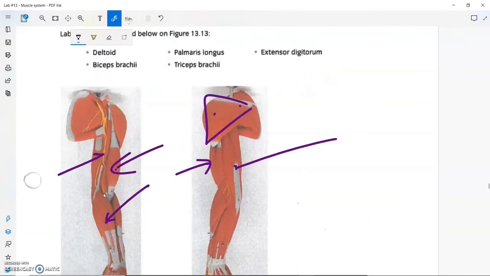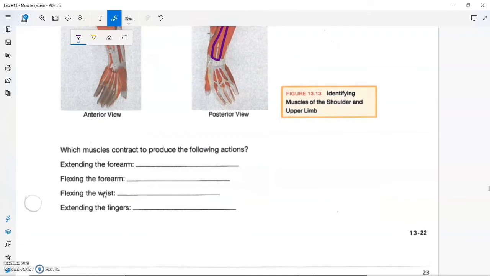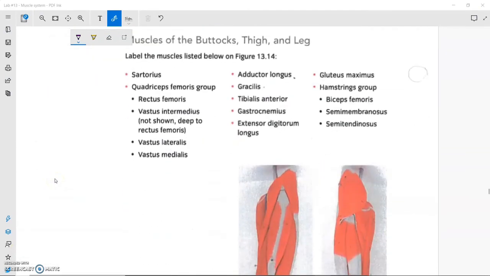And we have extensor digitorum. That's this muscle. Extends your digits. So extending the forearm, it's a triceps; flexing the forearm, biceps; flexing the wrist, palmaris longus; and extending the fingers, extensor digitorum. So let's continue talking about the muscles.